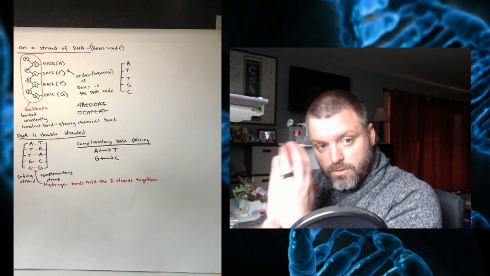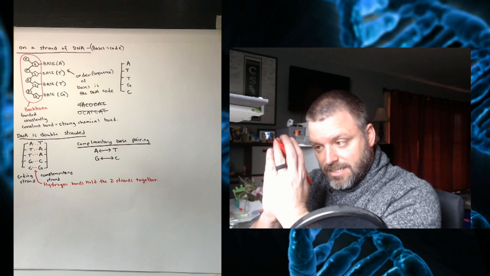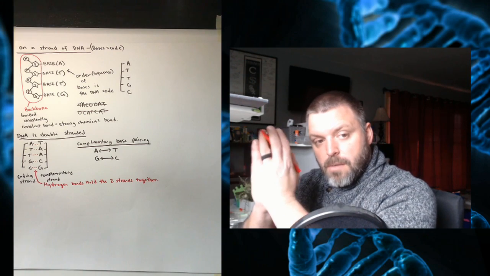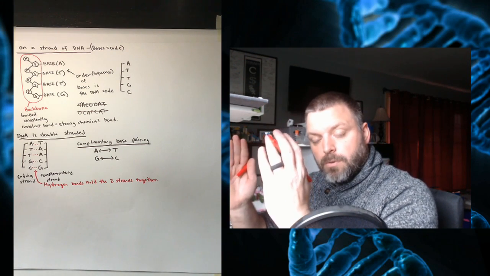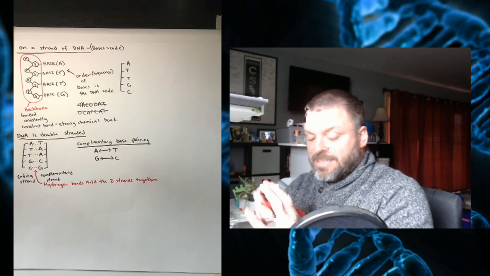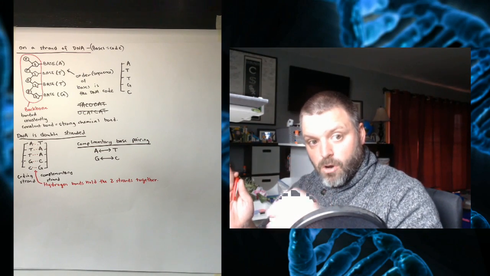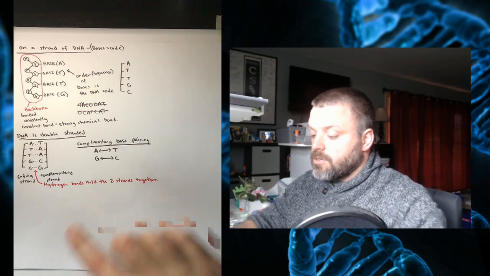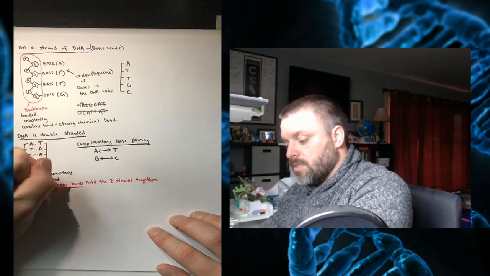So you want those two strands to be tightly attached so that nothing can get in there and attack your coding strand, but you want it to be able to come apart and open up. So when we start learning about replication, transcription, that DNA has to open in order to let in the code and build a new molecule on the inside to act as a template. So hydrogen bonds here, they hold those two strands together.